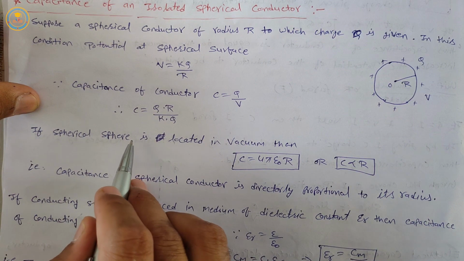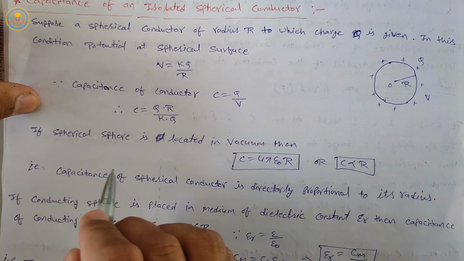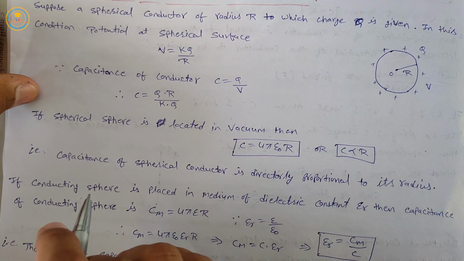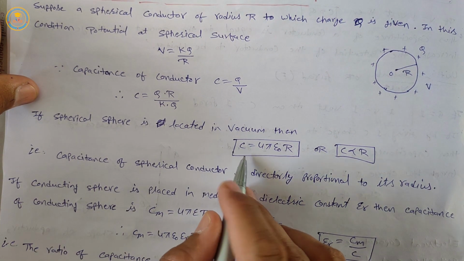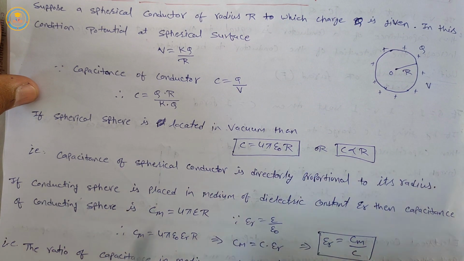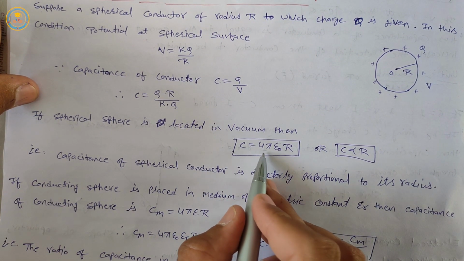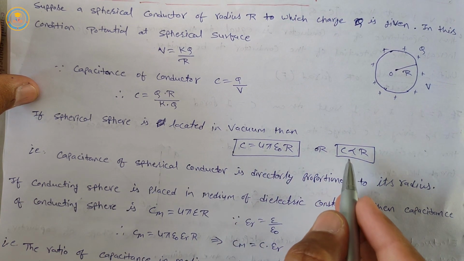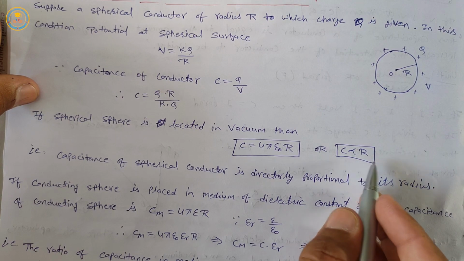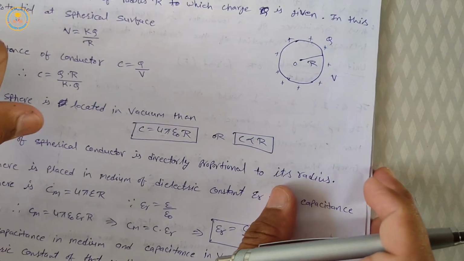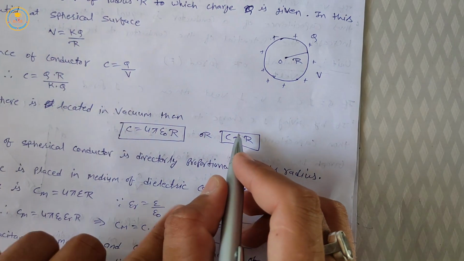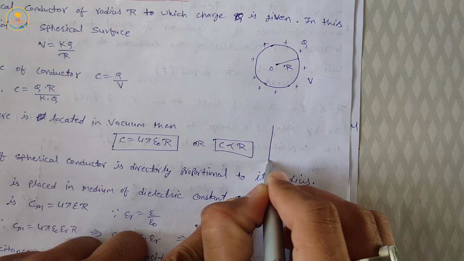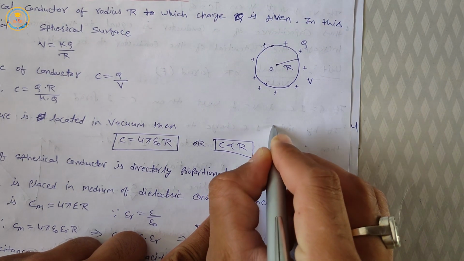If the sphere is located in a vacuum medium, then the value of k is equal to 1 upon 4 pi epsilon naught. So C is equal to 4 pi epsilon naught into R. Here 4 pi epsilon naught is constant, so we can write C is directly proportional to R. Then the graph between electric capacitance and the radius of the sphere looks like this.